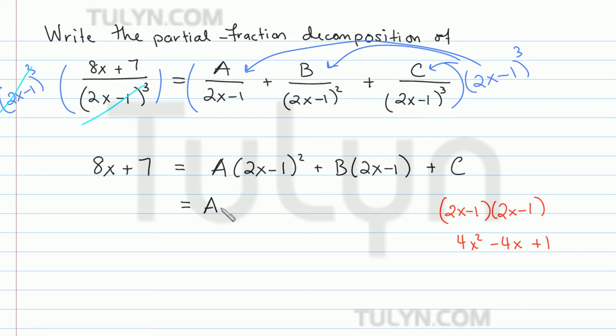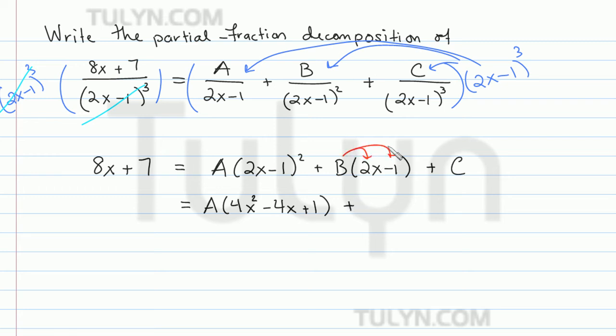So we get A times (4x^2 - 4x + 1). Then I want to distribute this B into that difference, so we get B times 2x, so 2Bx - B + C.